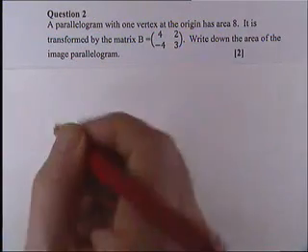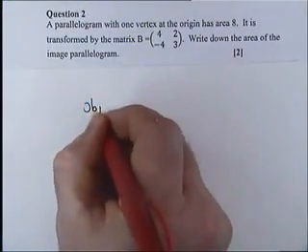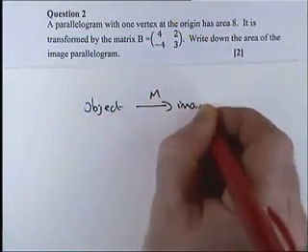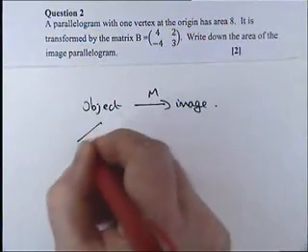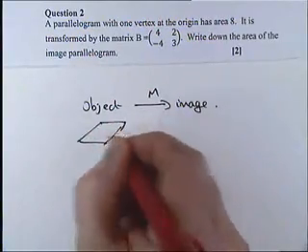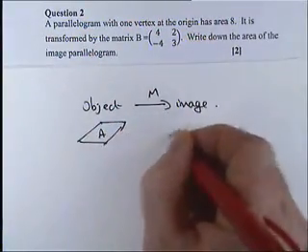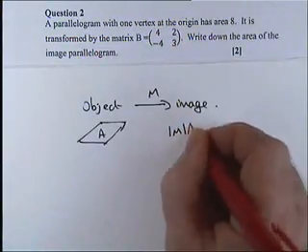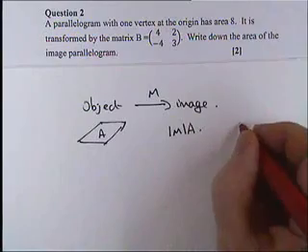So if we take the object and we perform the mapping of M to get the image, then the area is going to be whatever the original area was, A. The area of the new shape is going to be determinant of M lots of A. Now remember, there's different ways that you can write determinant.